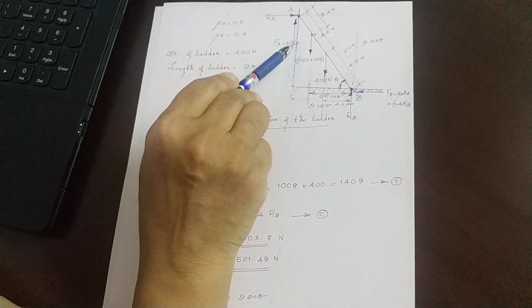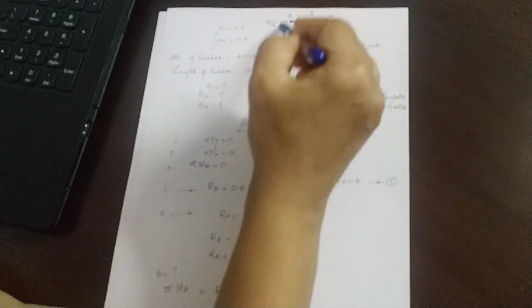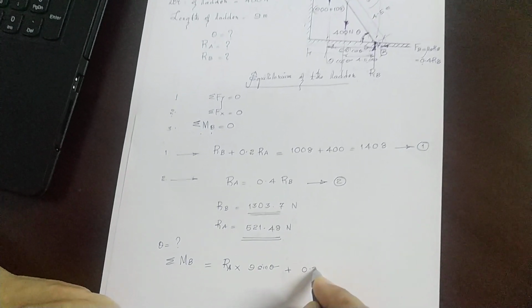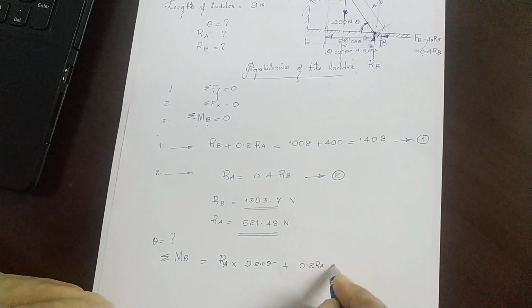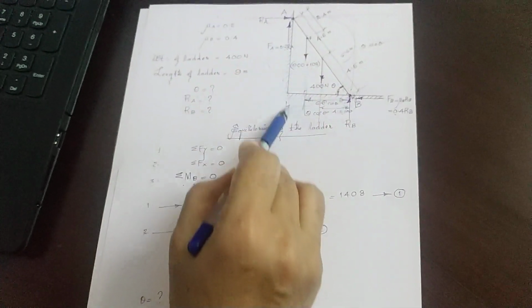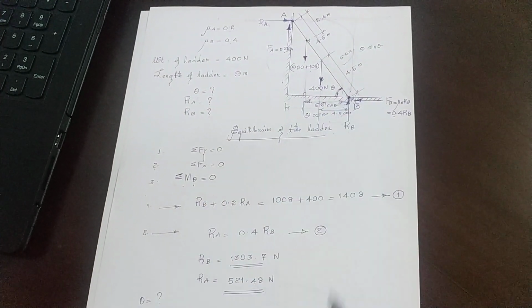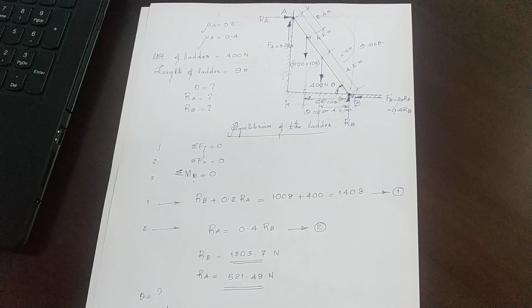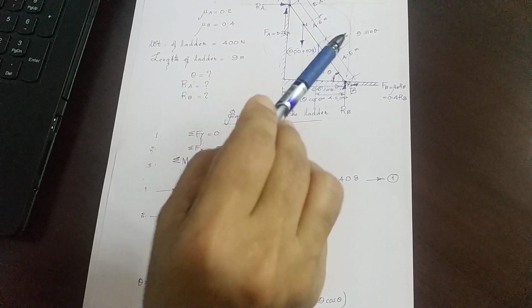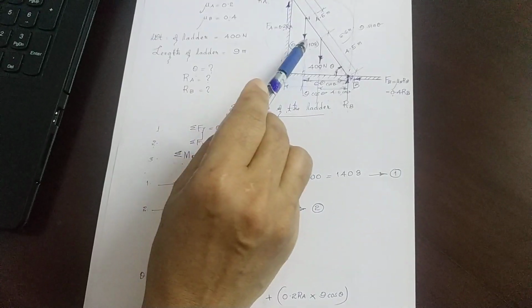Now what's the moment of 0.2 RA about B? That is again a clockwise moment, plus 0.2 RA into, from the line of action of 0.2 RA, the distance to B is 9 cos theta, 9 cos theta.